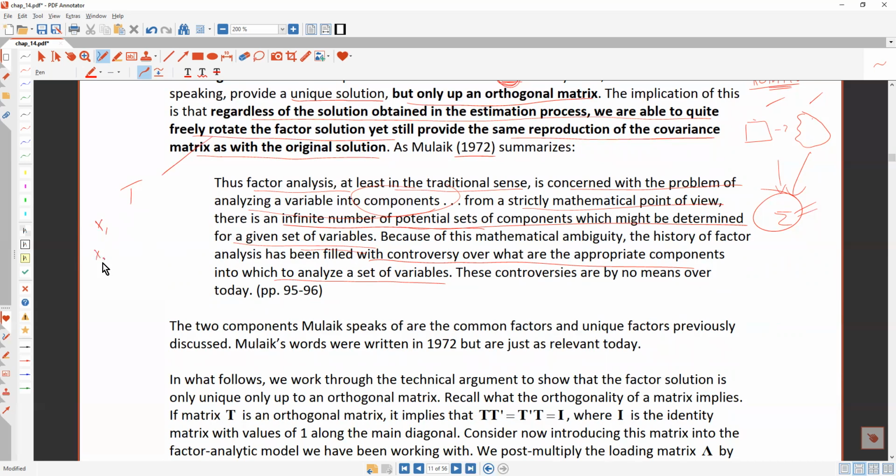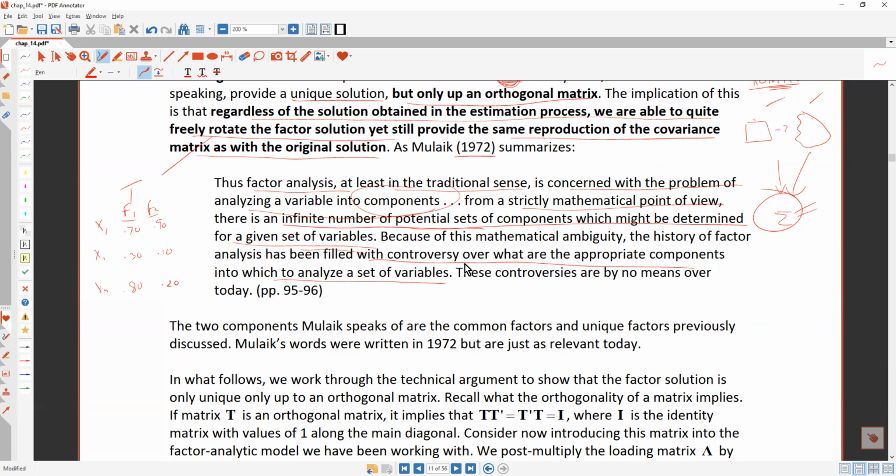X1, X2, X3, F1, F2. So I'm just going to go with that two-factor solution, 0.7, 0.3, I forget what those loadings were, it doesn't matter, 0.9, 0.1, 0.2.